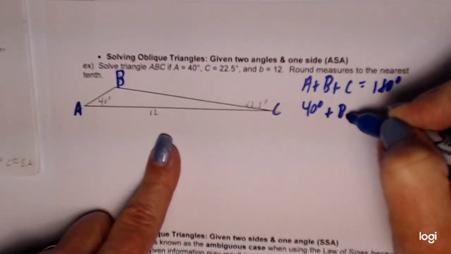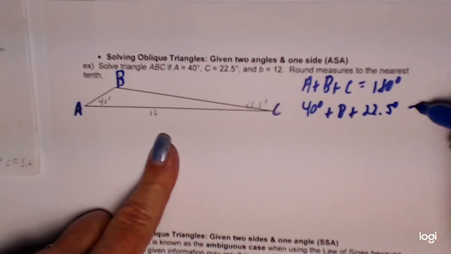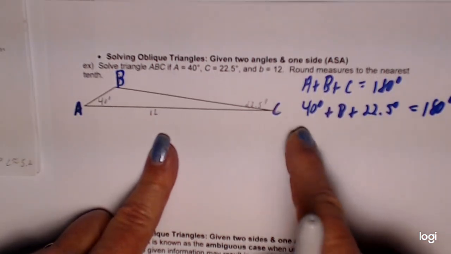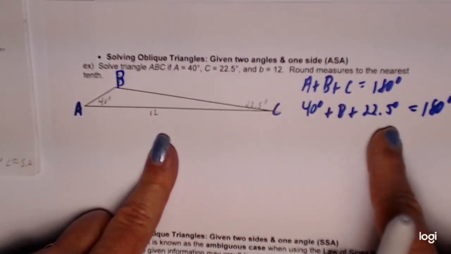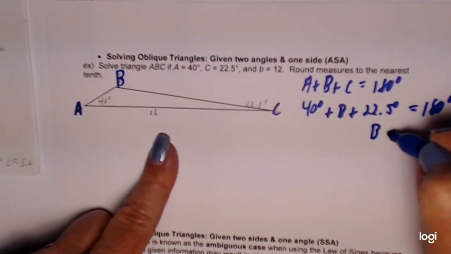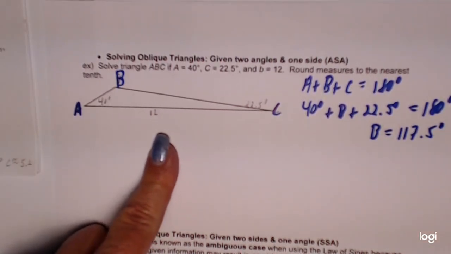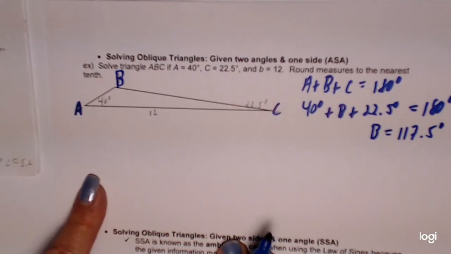B we don't know again, and then C is 22.5 degrees, and this is all 180 degrees. So when we subtract 40 and 22.5 from 180 degrees, we get B is 117.5 degrees. So we've gotten all our angles.